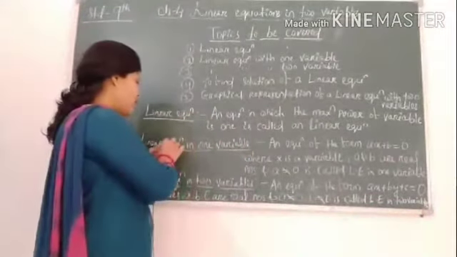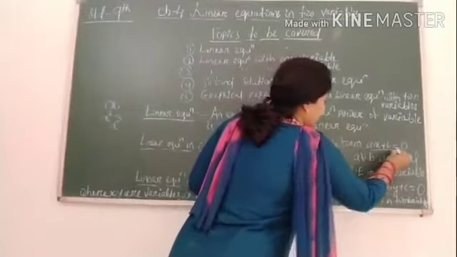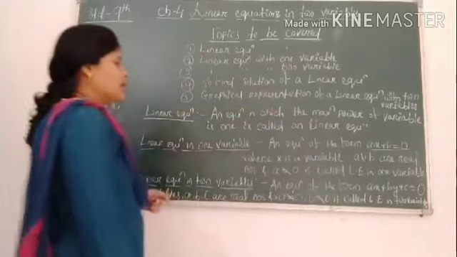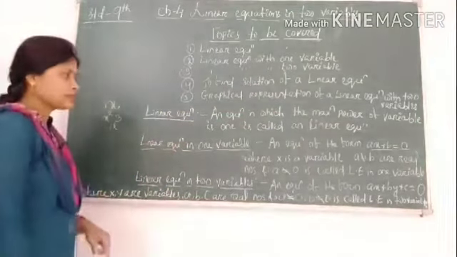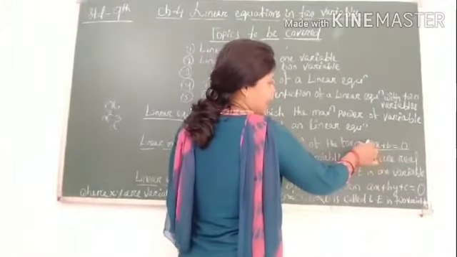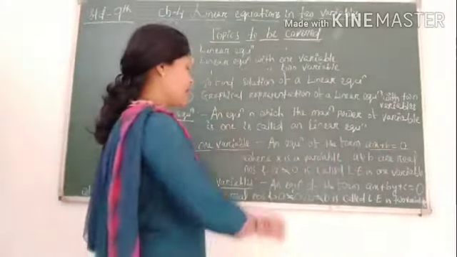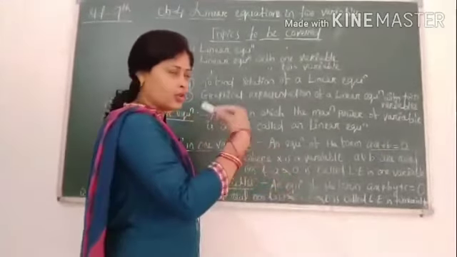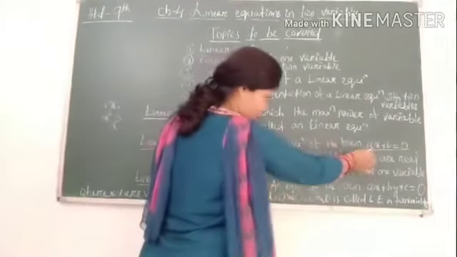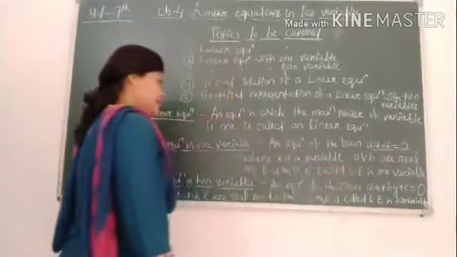So the general form is ax plus b equal to 0, with the condition that a should not be equal to 0.